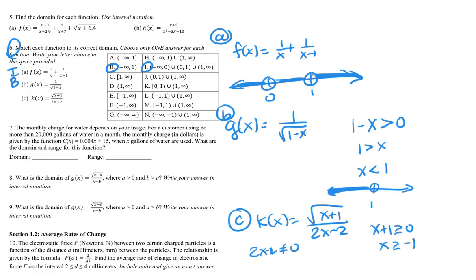So if I add the 2 over and divide by 2, I need x is not equal to 1. And so if I combine that information onto a number line, I have negative 1 here and 1 here, and I have an open circle at 1 and a closed circle at negative 1. So it should be closed, negative 1 to 1, open, and 1 to infinity. So that correct answer is M. So I, B, M.